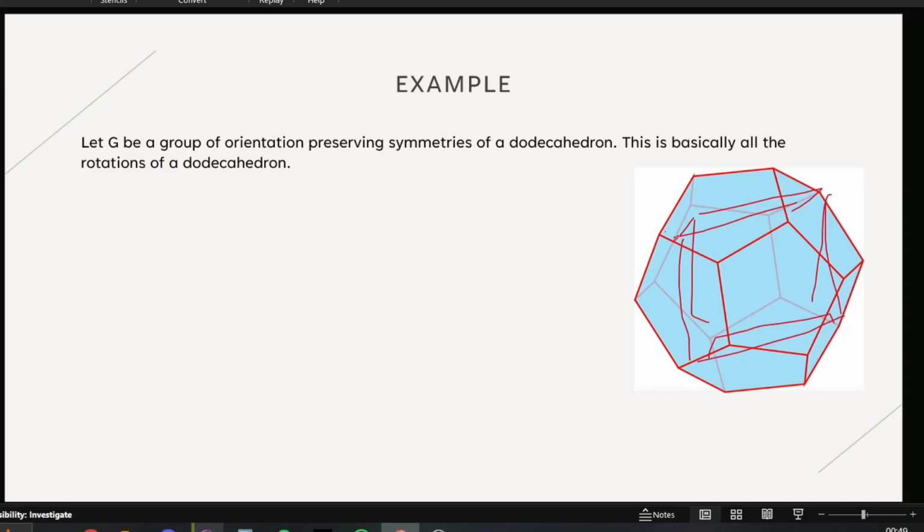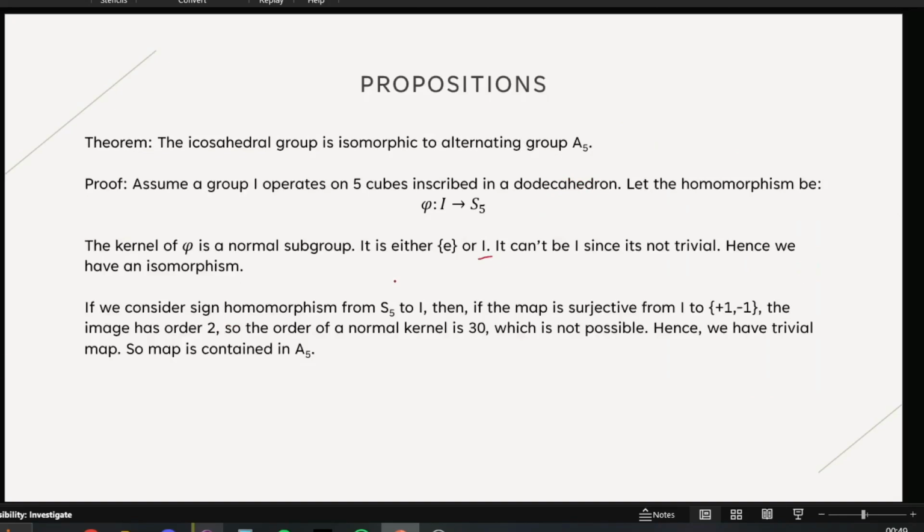So if we do operations, these are not trivial operations. That is what I want to claim here. So the kernel can only be the identity. When we go from I to S5, we already established that surjectivity is given. Since the kernel has only the identity, we have injectivity, so this homomorphism is actually an isomorphism from the icosahedral group onto its image in the permutations.